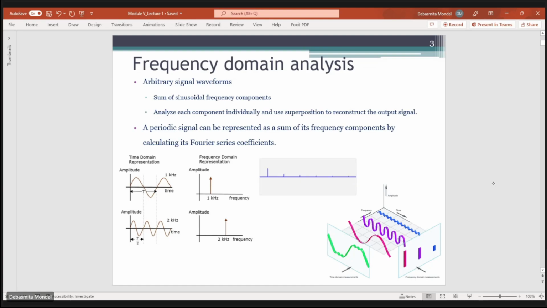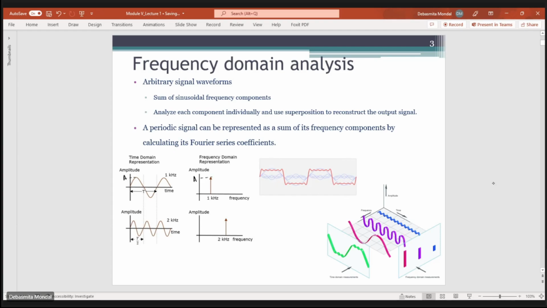If you want to represent this time domain signal in the frequency domain, on the x-axis we'll have frequency. The frequency of this periodic signal is 1 kilohertz, so corresponding to 1 kilohertz we'll have the corresponding amplitude. If the amplitude of this signal is A, then at 1 kilohertz we'll have an amplitude of A in the frequency domain.